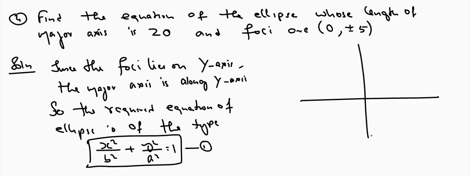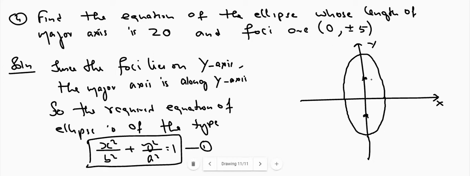It is of the form type 2, since the foci lie on the y-axis, the y-axis is the major axis, and the foci are 5 and minus 5.